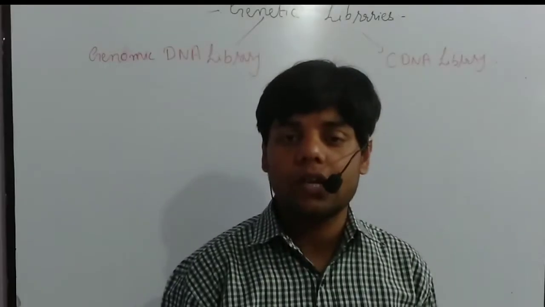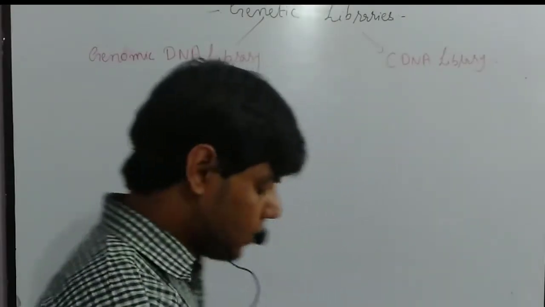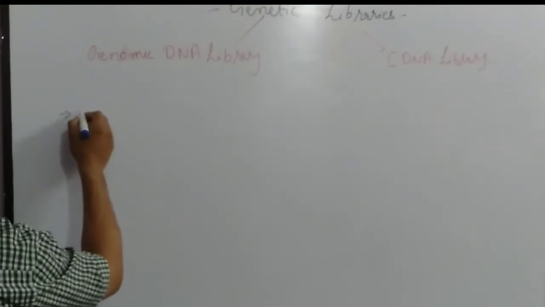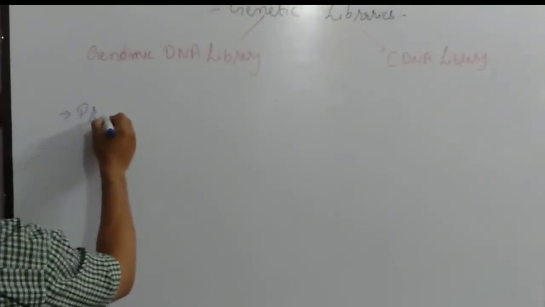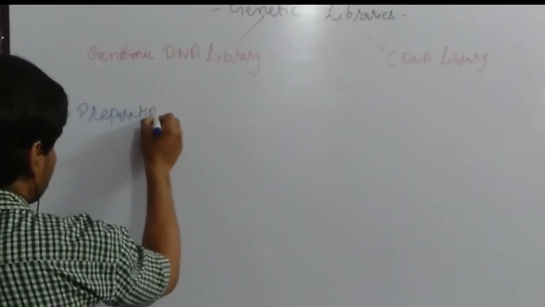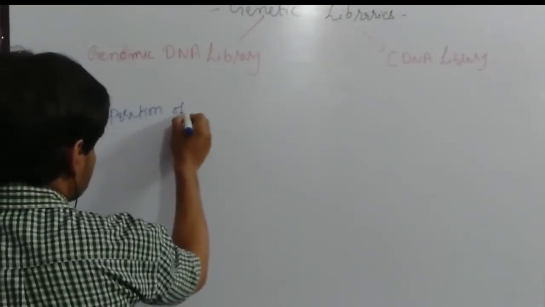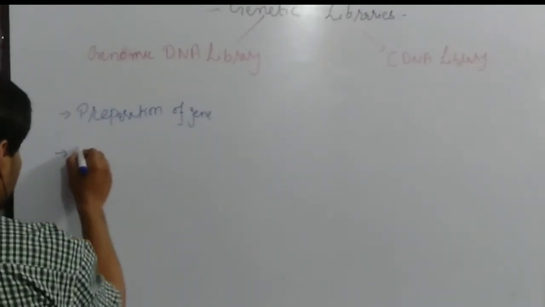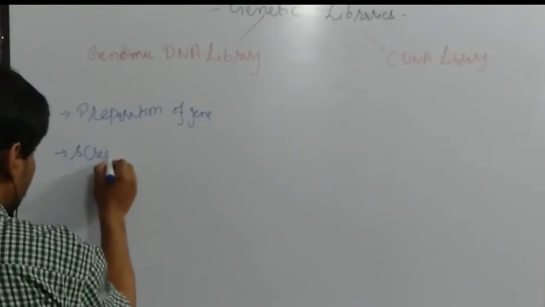Whenever we want to get a genomic DNA library, it contains two steps. Let me write. In the first step we should prepare our genes. Preparation of genes is the first step, and in the second step we are going to do screening.